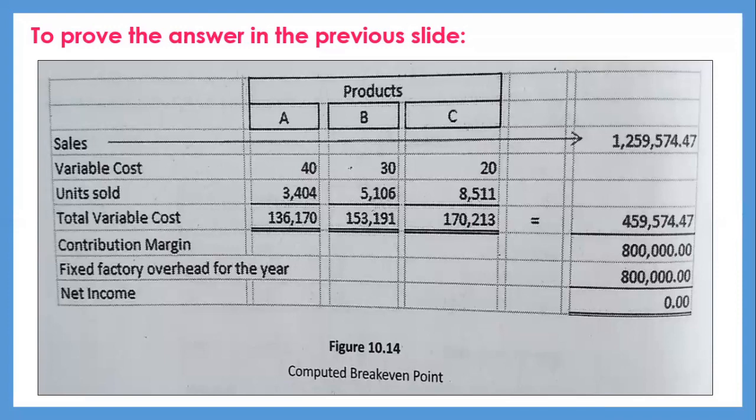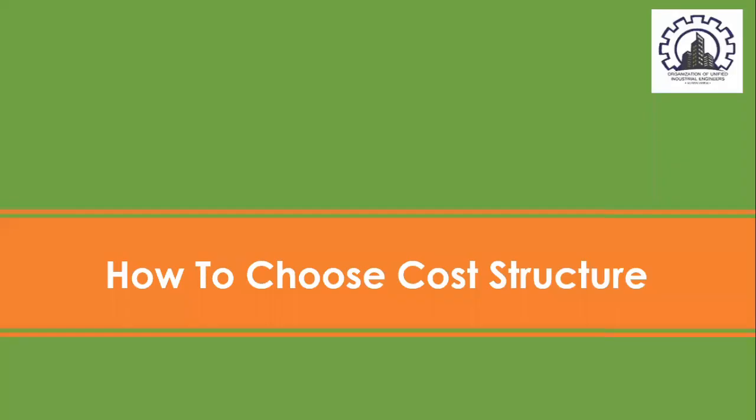Okay, so that's just break even. We are not incurring any loss. We are also not having a profit. We are just simply breaking even. Now, how do we choose cost structure then? In the earlier discussion, the focus was on the relationship of variable cost and sales or production.